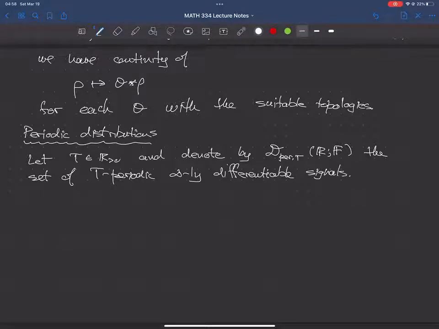Okay, so this is the periodic analog of D. All right.